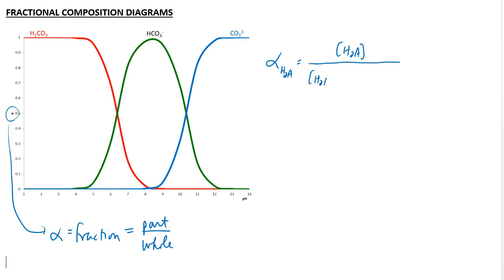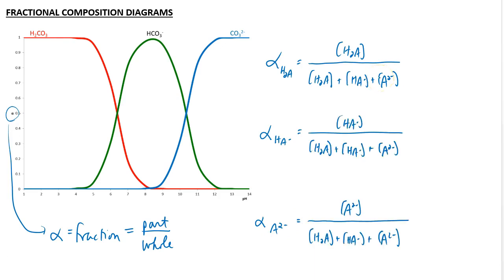So that would be H2A plus HA minus plus A minus 2. And you can write similar expressions for the fraction of HA minus and the fraction of A minus 2. Maybe I'll let you do that on your own. So hopefully you got the expressions that I got here.